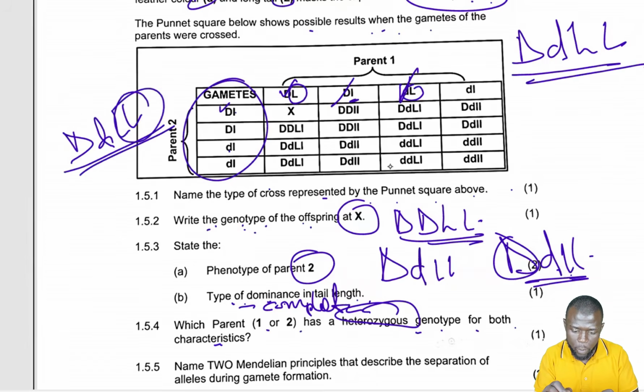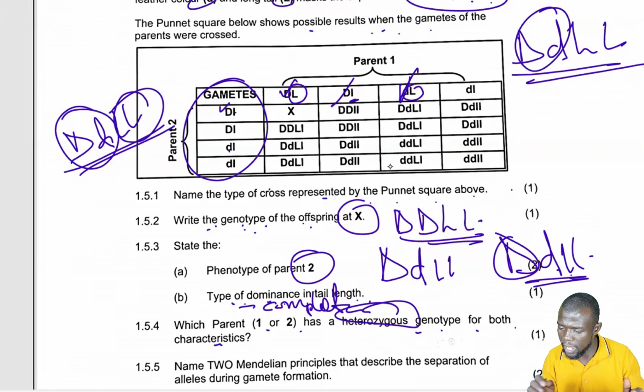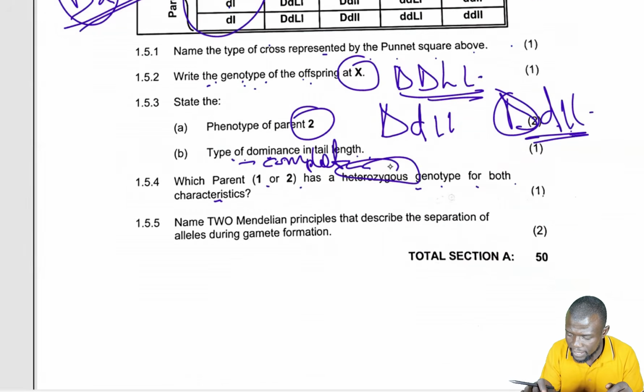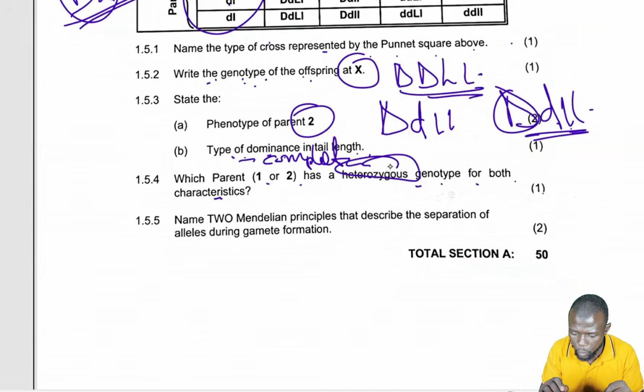So you see that this is homozygous recessive, while this one is heterozygous, and also this one is heterozygous, because this is a capital L and this is a small l. Then they are saying, name the two Mendelian principles that describe the separation of alleles during gamete formation.